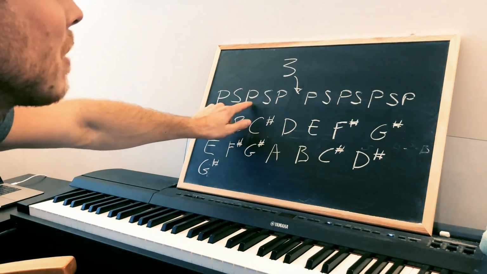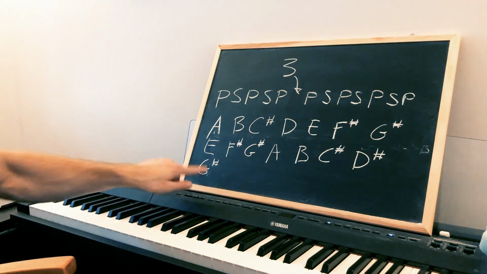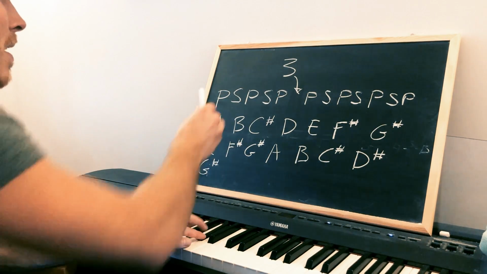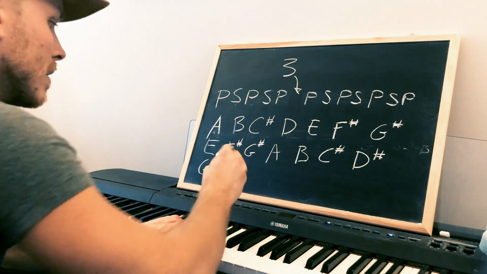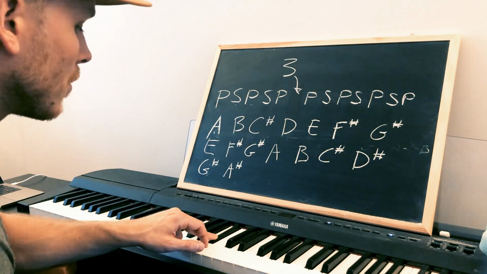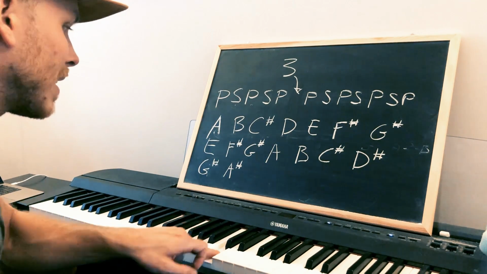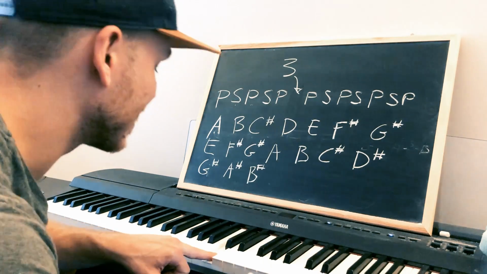Also play, skip, play, skip, play, play, skip, play, skip, play, skip, play. G sharp, let's see. G sharp. Skip a note, so not this one, but I have to play this one, and that's an A sharp. Skip a note, so not this one, but actually play this one. That's a B sharp, if we're being technical.